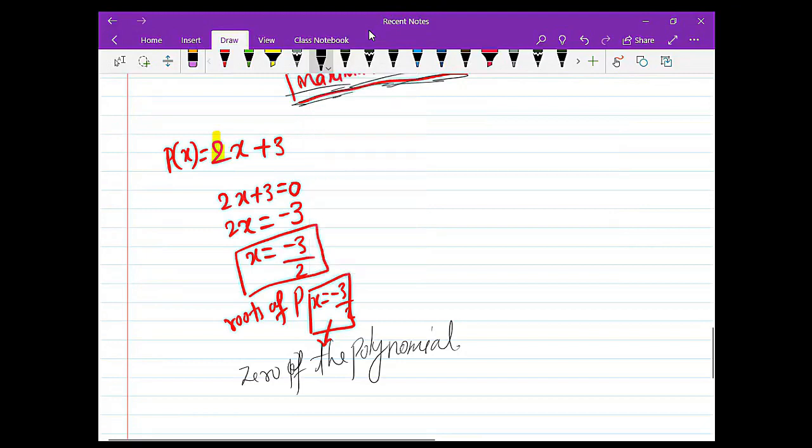That's the zero of the polynomial. Look here, why do we call this root value the zero of the polynomial? Because we have the polynomial p of x equal to 2x plus 3.